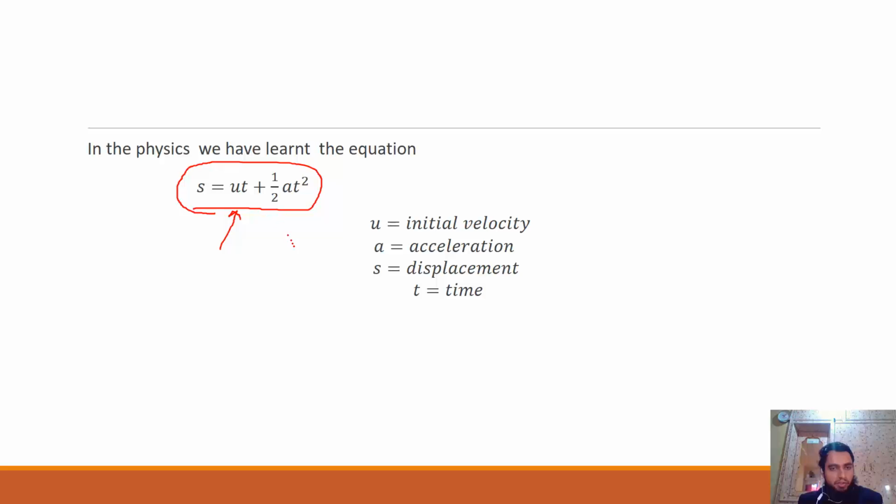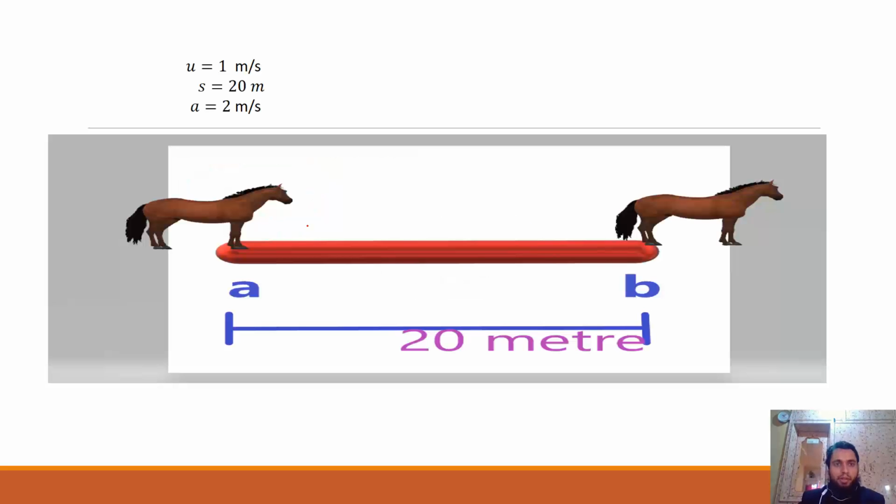So let's take the case of this equation. See, this is a horse moving from A to B, and from A to B the displacement is 20 meters. Its initial velocity is 1 meter per second, acceleration is 2 meters per second squared, and displacement is 20 meters. So we know the governing equation will be this.